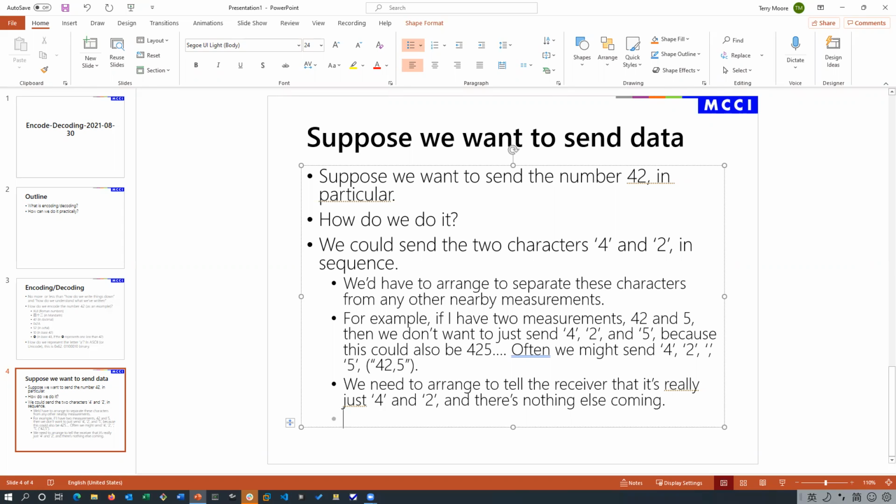Now, if the receiver sees the characters 42, 4 and 2, how does it turn it into the number 42?